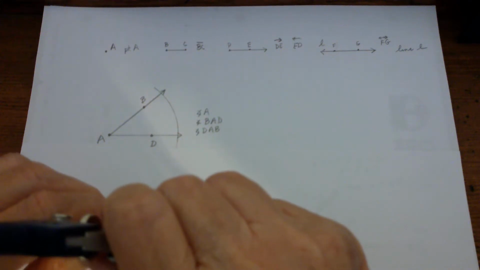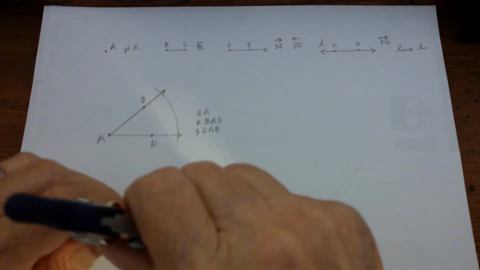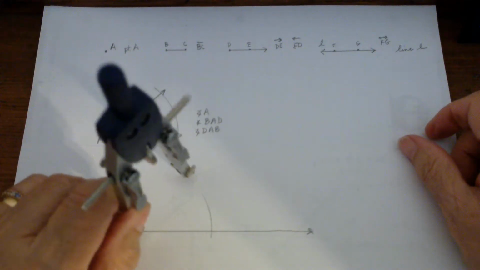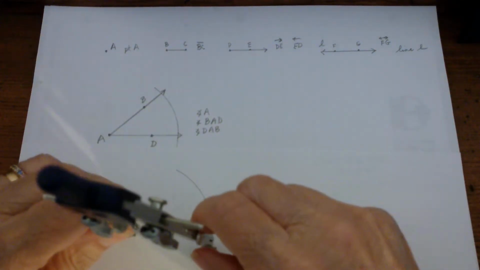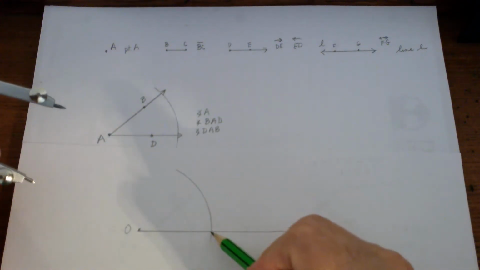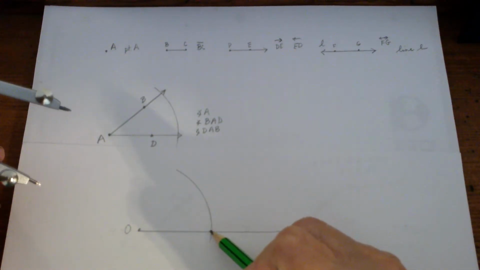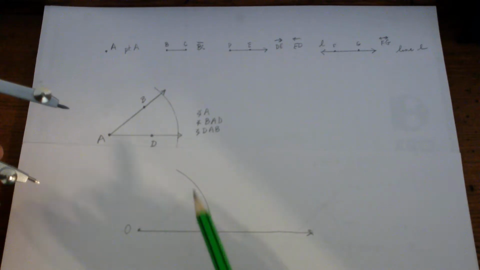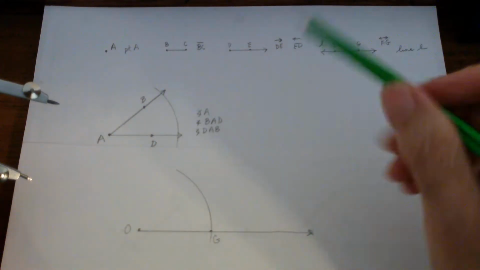Now we know by congruent line segments that this line segment is congruent to this line segment. I'm going to come down here to point O and I'm going to draw an arc. And I'm going to call this point where these two lines intersect point G. So I know that line segment OG is the same distance as line segment AO.